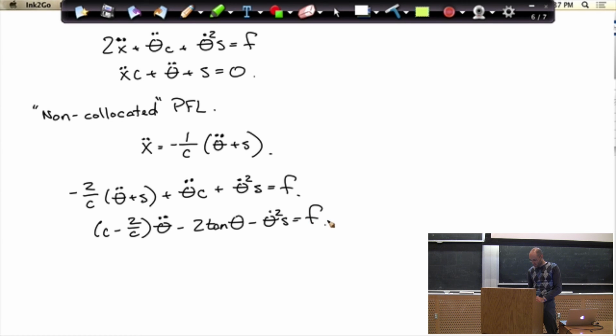So now I can choose my dynamics to regulate the dynamics of the cart by just doing the partial feedback linearization.